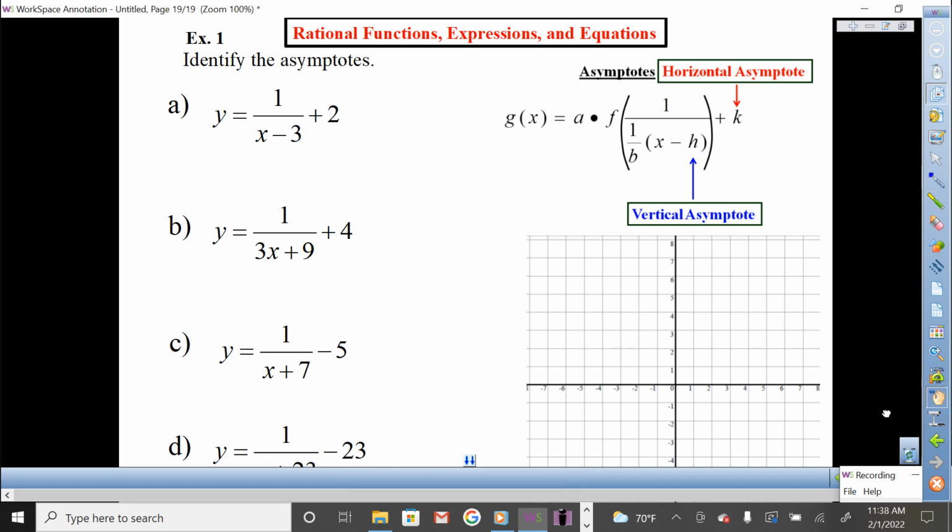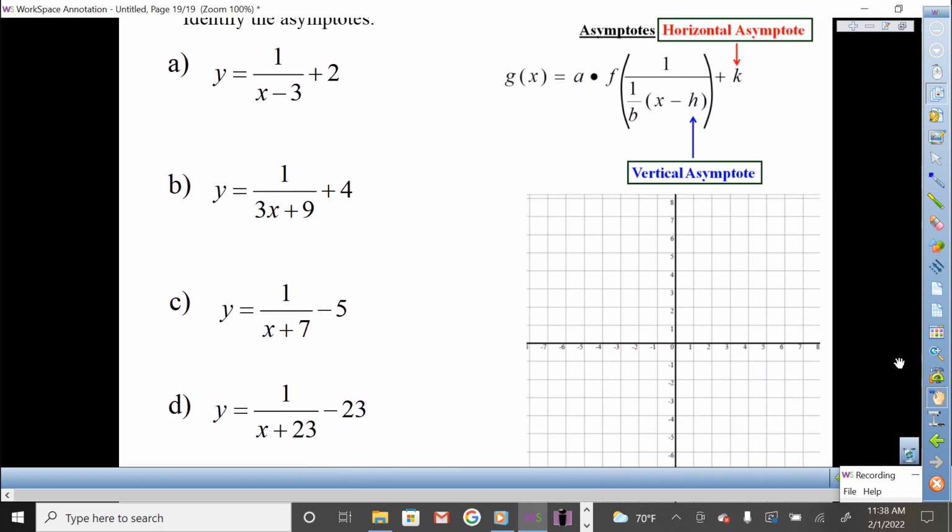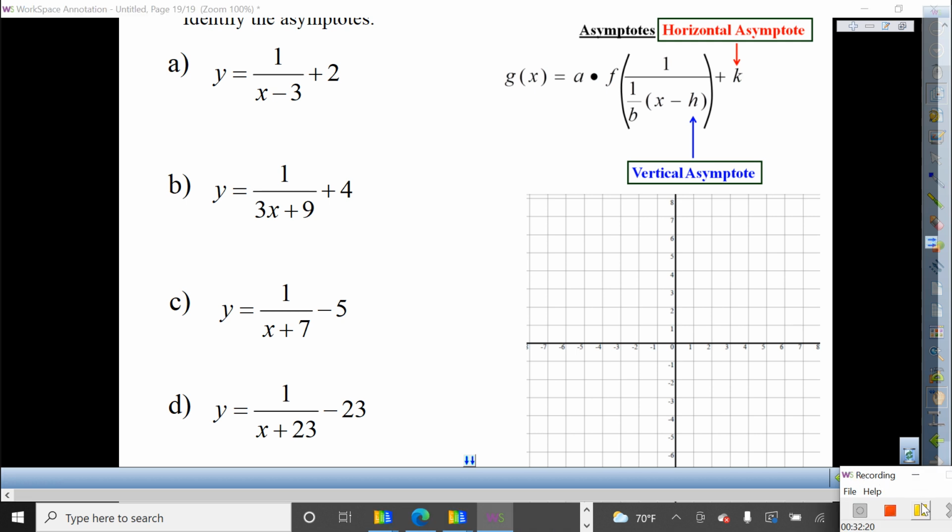I want you to do B, C, and D. B: y equals 1 over 3x plus 9, plus 4. C: y equals 1 over x plus 7, minus 5. D: y equals 1 over x plus 23, minus 23. You don't have to plot and graph, just identify the asymptotes. I'll give you some time.